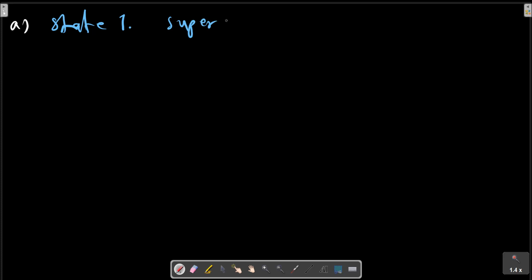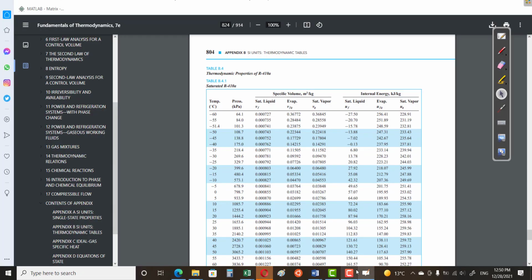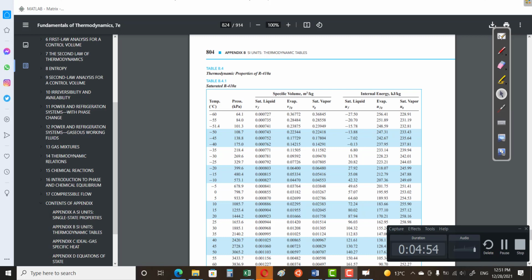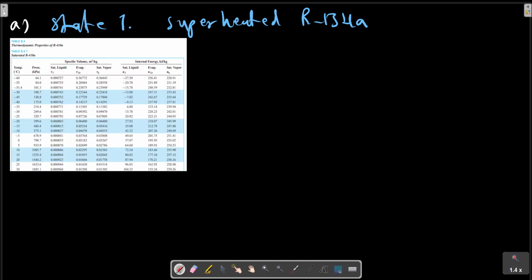We have saturated vapor, and we should use table B.4.1 for saturated R-134a.